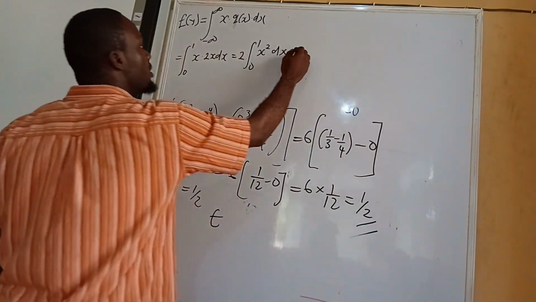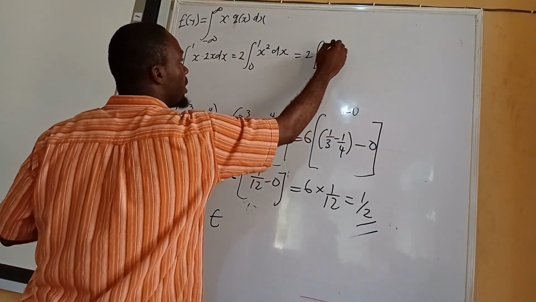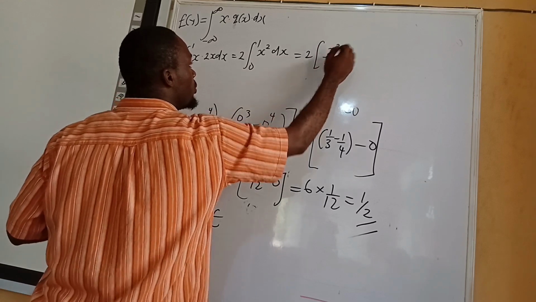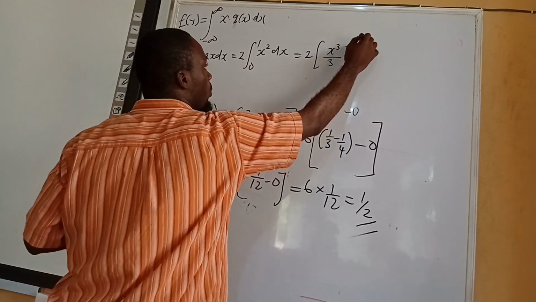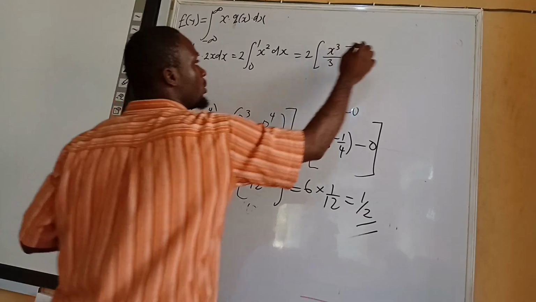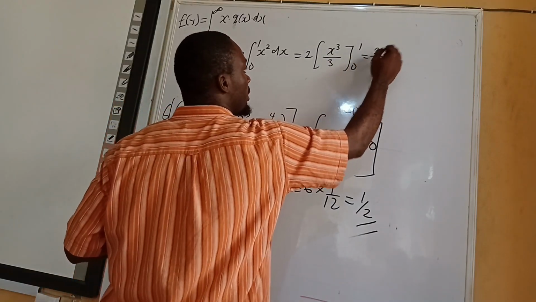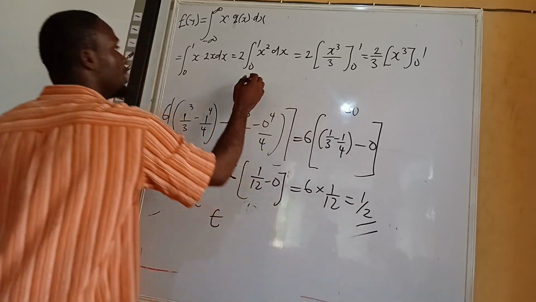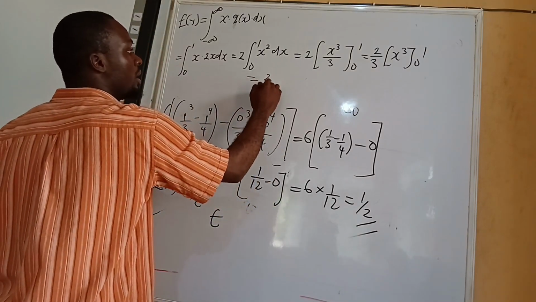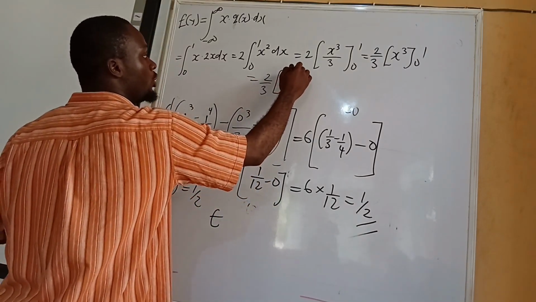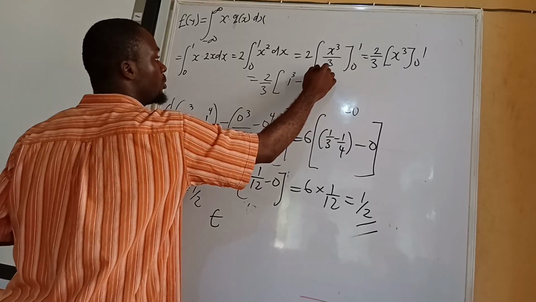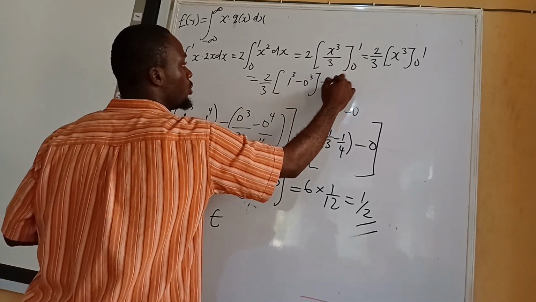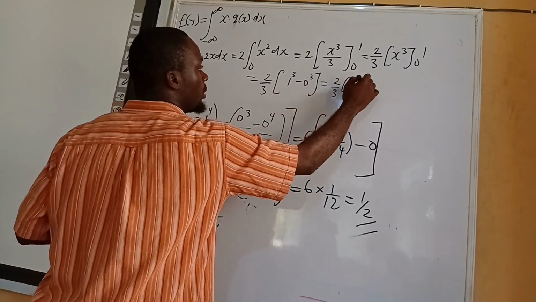So to integrate x squared, we have x cubed over 3. Take the limit from 0 to 1. This 3 will come out. You now have 2 over 3 x cubed from 0 to 1. Then taking the limit, you have 1 cubed minus 0 cubed, which gives you 2 over 3 times 1 minus 0.